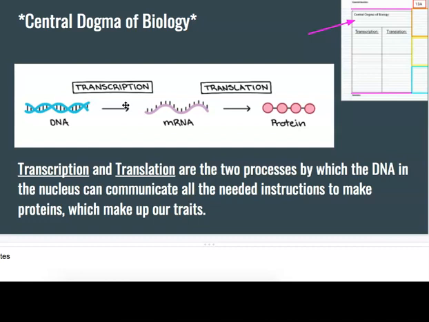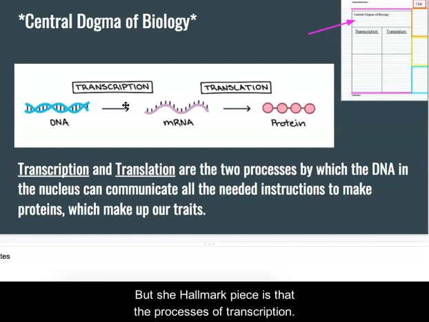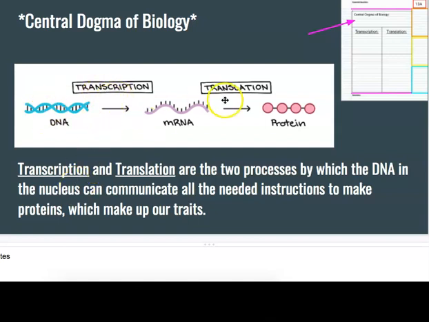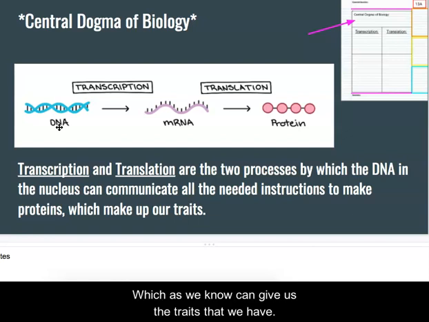The key hallmark is that transcription and translation are the two processes by which DNA that's trapped inside the nucleus can communicate all of the instructions to make proteins, which, as we know, give us the traits that we have.